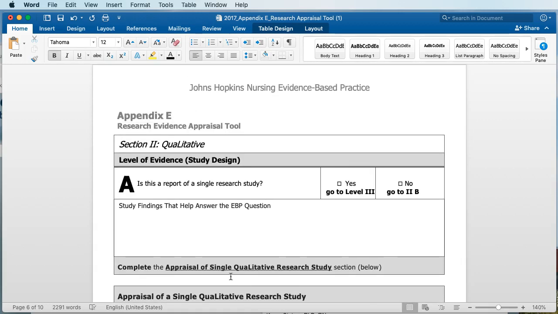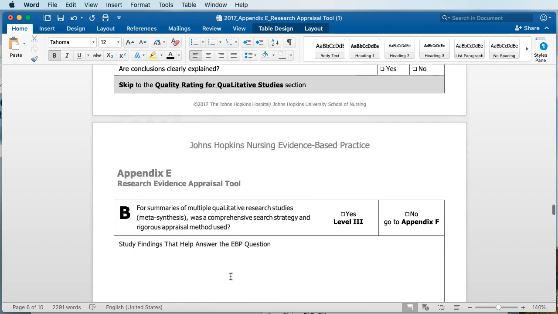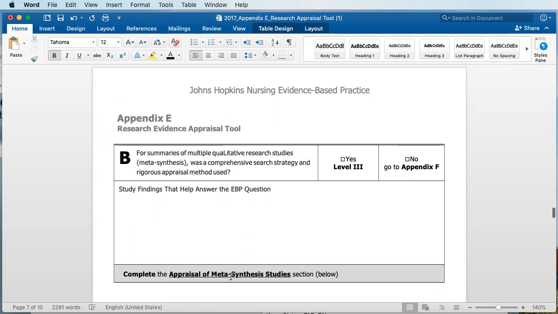If I go back up here and it says it's not a single research study, then it is actually a summary. If it's a summary of multiple qualitative studies, then the question is, did they follow a comprehensive search strategy?